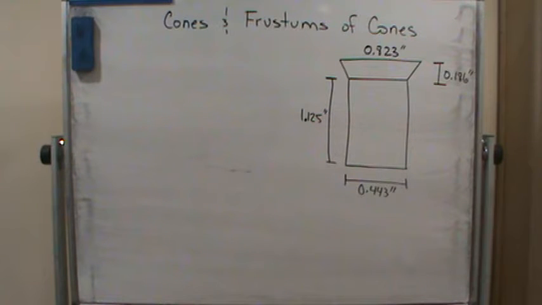The rivet is made of solid copper, which weighs 0.324 pounds per cubic inch.